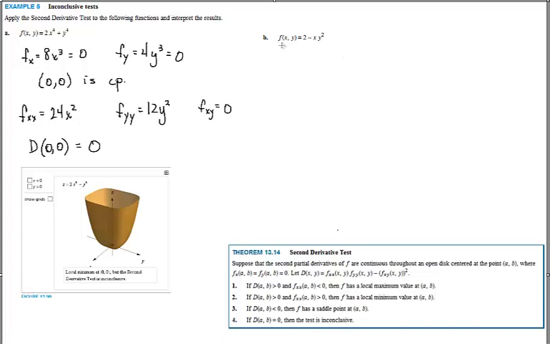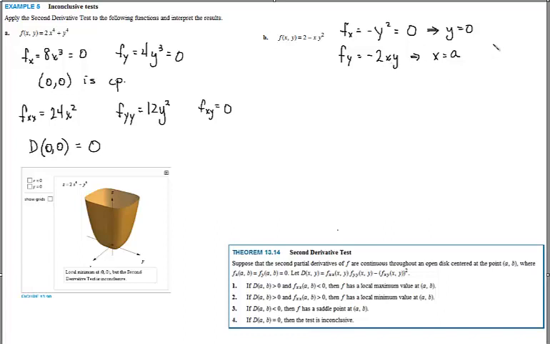So I'm going to look at my next example here, and I will take the partial with respect to x and y. Let's note that I'm trying to find my critical point here, and I know that's when these two partials equal 0, and when y is 0 it looks like x can really be any real number.